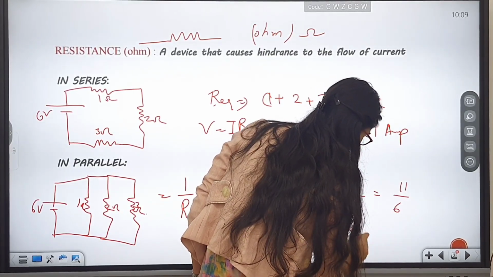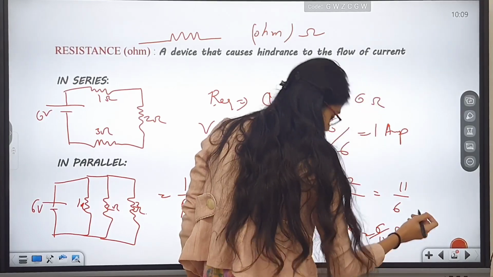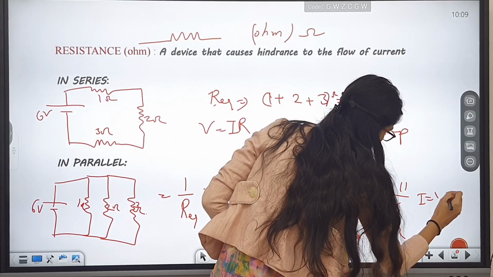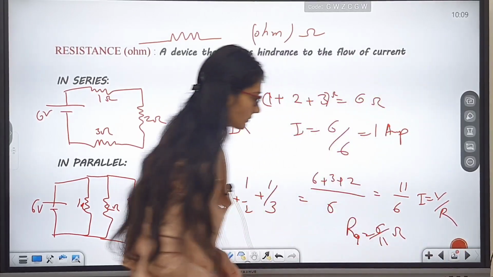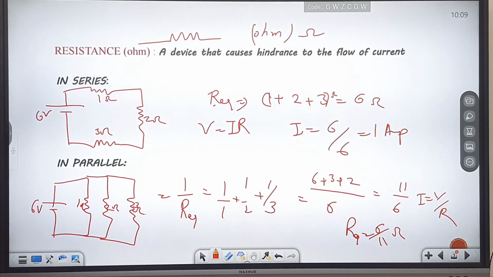So R equivalent will be equal to 6 upon 11. Similarly, you can find I is equal to V upon R. So we are done with the resistance, but these were very simple numericals.